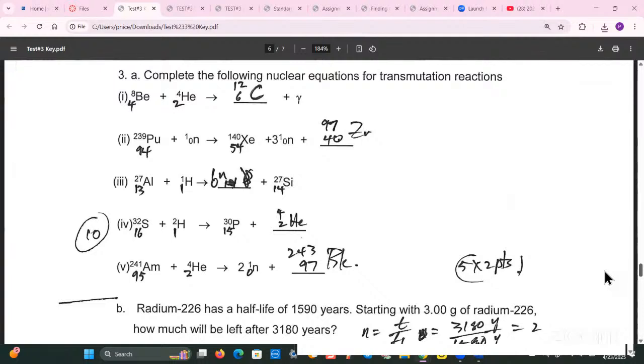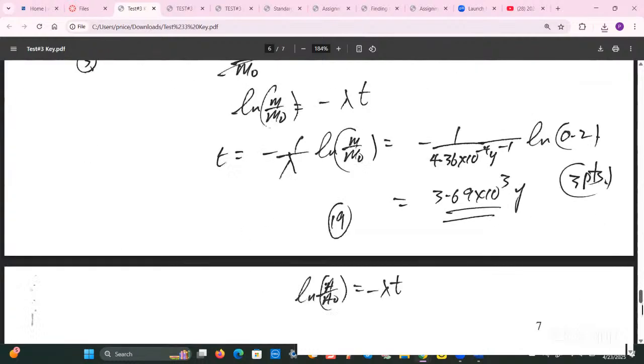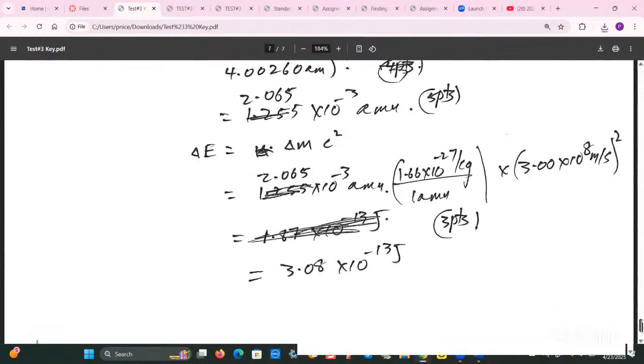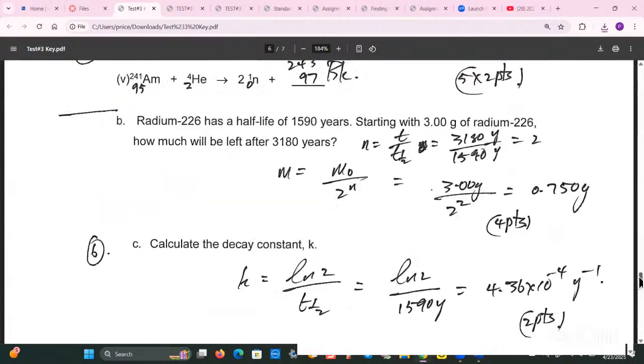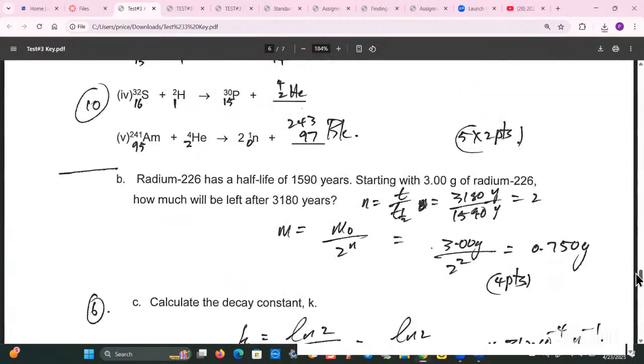So you can review that for the final, but not for this test, right? And that's it. Yeah, so pretty much on this paper, everything except nuclear chemistry would be covered on the test, all right?